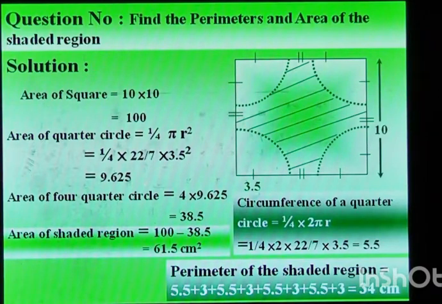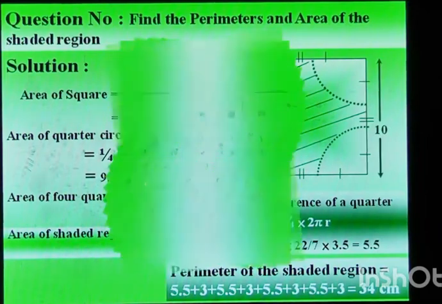Now the perimeter is equal to the boundary of this shaded region, and this boundary has different components. So a circular form is calculated separately again, and now the perimeter of the shaded region is to add up all the values on the boundary, and we will get the area and perimeter of the shaded region.